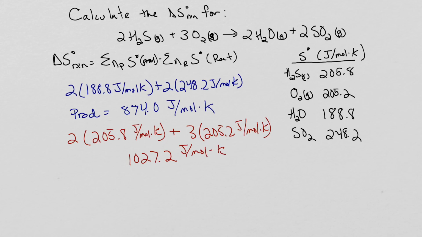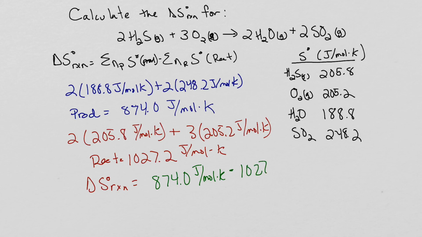And then we plug those two values into our overall equation to get our value for the reaction. We do our products, 874.0, minus our reactants, 1027.2.